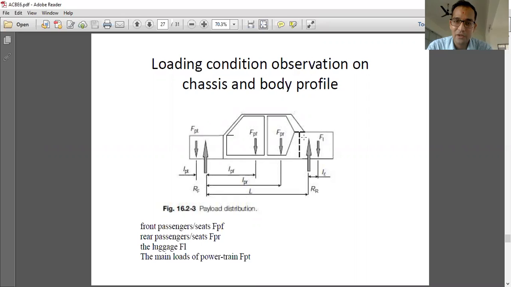And these are 2 reactions. So there are considerably 4 loads acting on the whole chassis body, and 2 reactive loads are identified here. When we profile it from the side view, there are 2 loads visible, but in the 3-dimensional view we have 4 loads, but 4 reactive components.